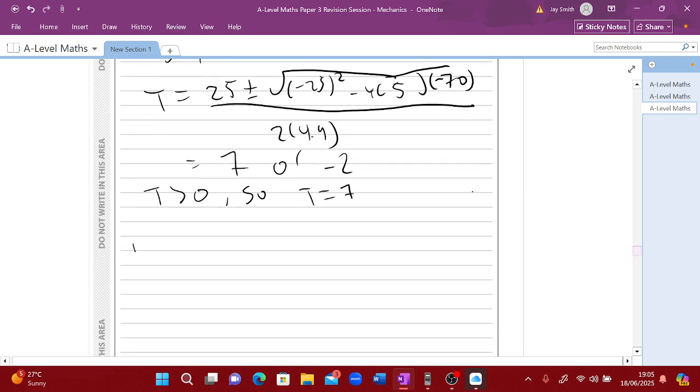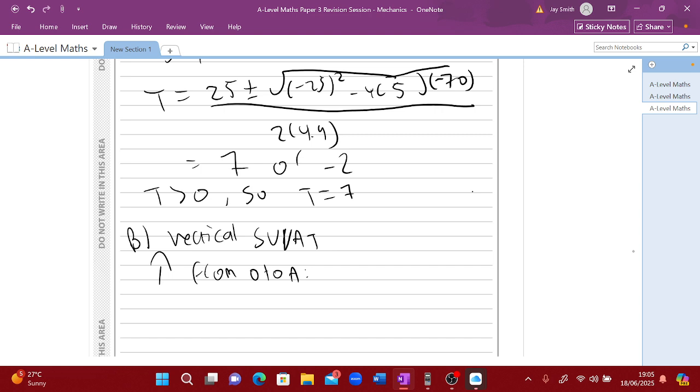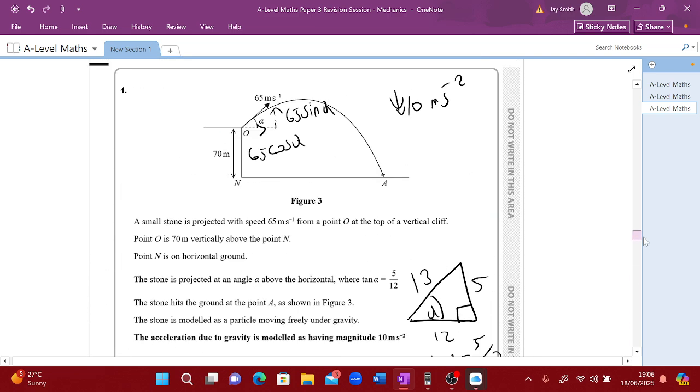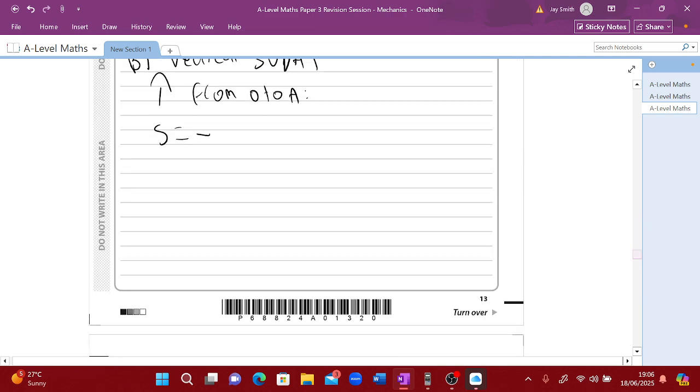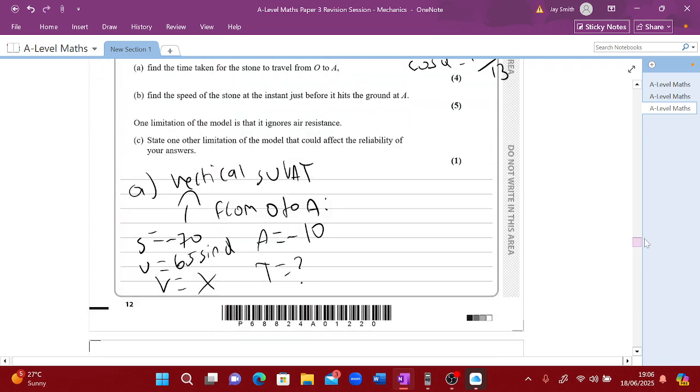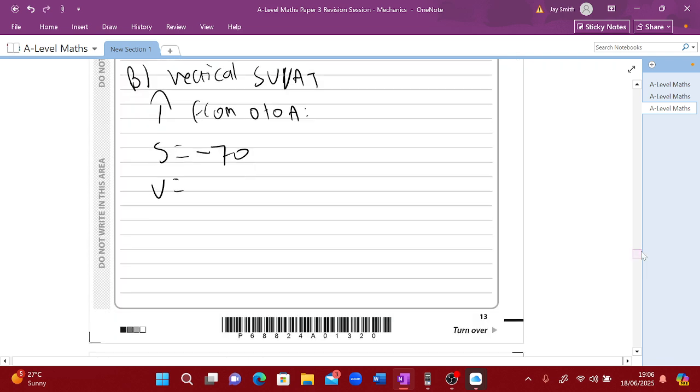So again, vertical, which is again positive from O to A. S now is going to be minus 70. U is going to be 65 sine alpha. That's the original vertical speed.